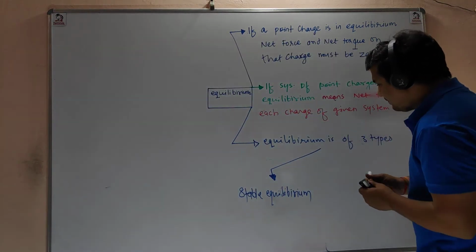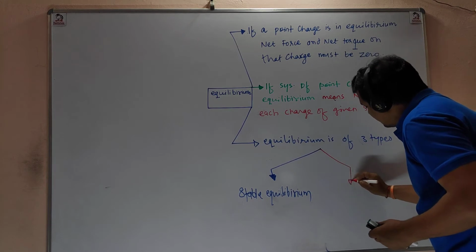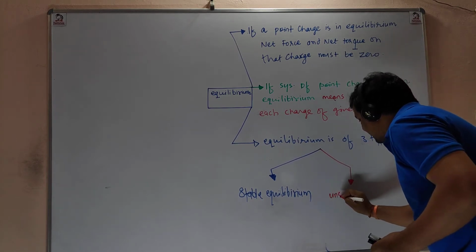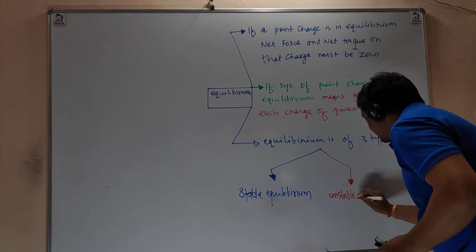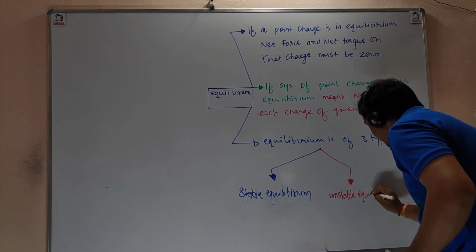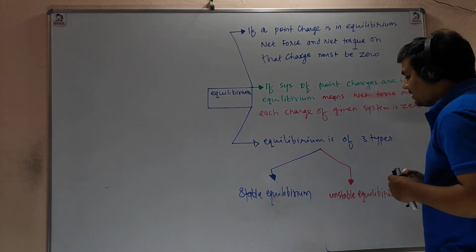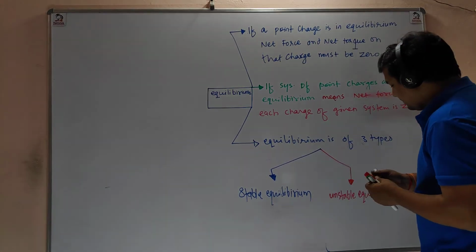Second, unstable equilibrium. And the third is neutral equilibrium.